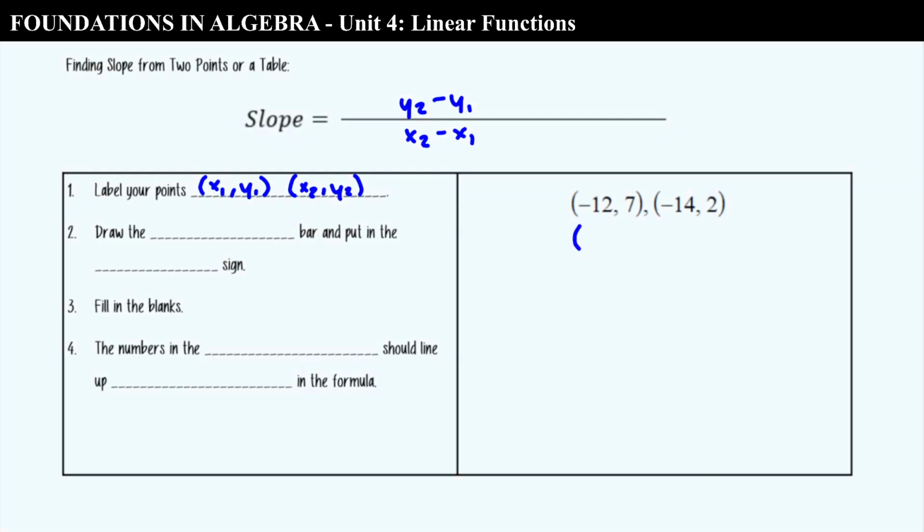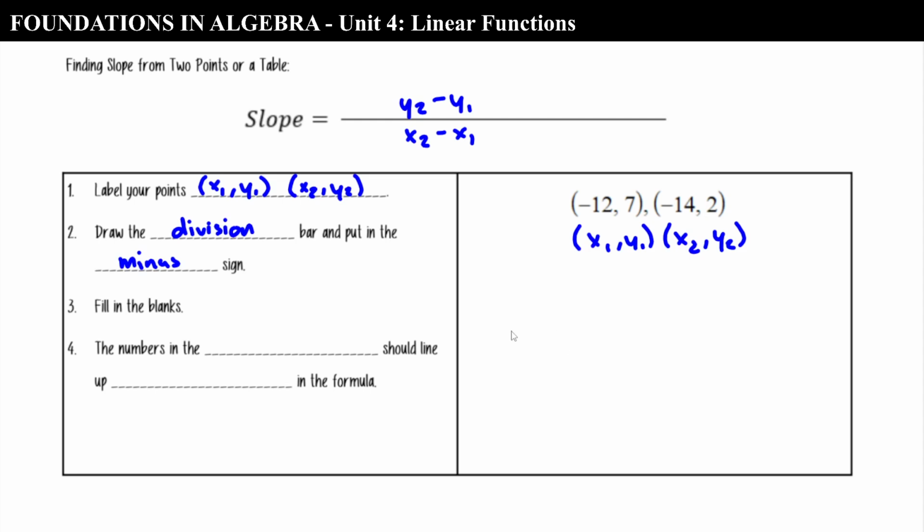So we have x1, y1, and x2, y2. So after we label these, we are going to draw the division bar, and we're going to put in the minus sign.